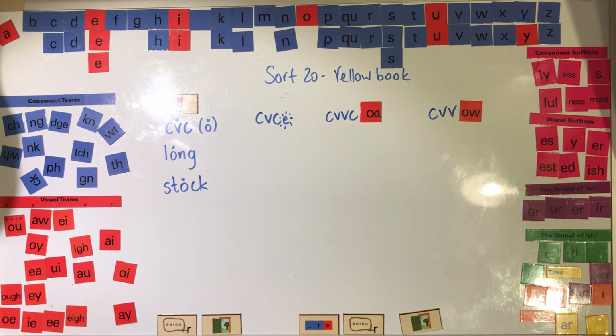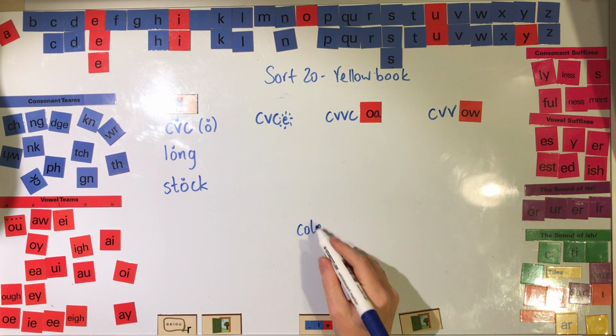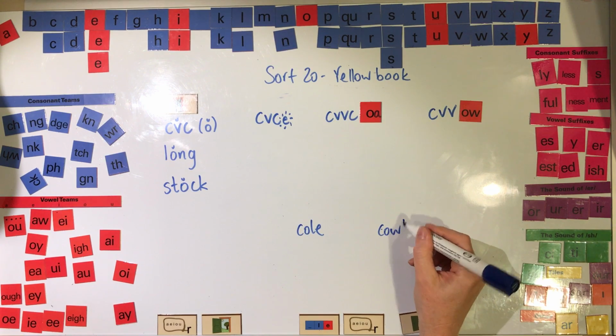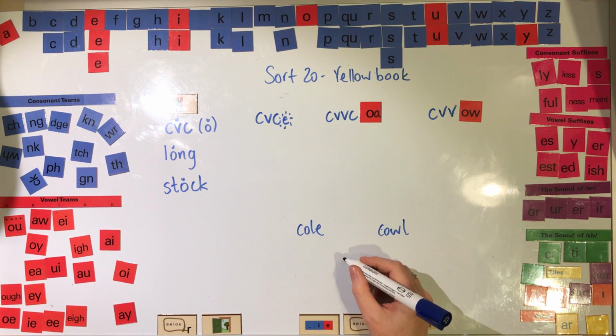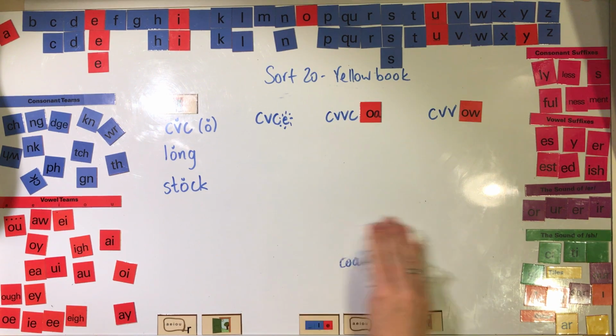Okay, what about a word like coal, like black coal that you can burn in a fire? We could spell it with a magic E, K-O-L-E. We could spell it C-O-L, although that looks a bit like it says cow to me. Or we could spell it C-O-A-L. Which one do you think looks right? This one is correct.